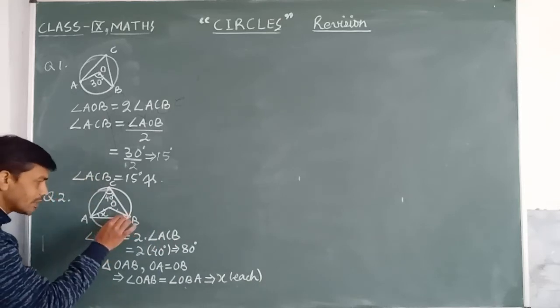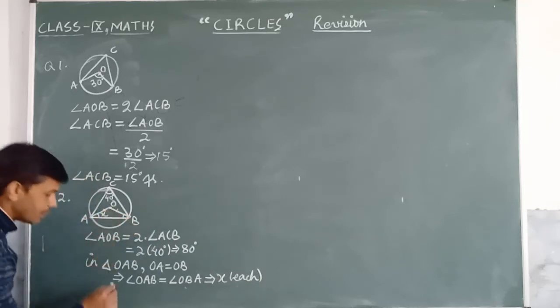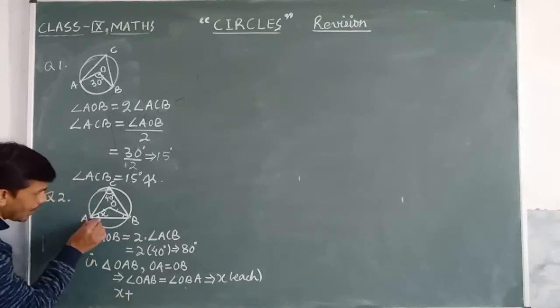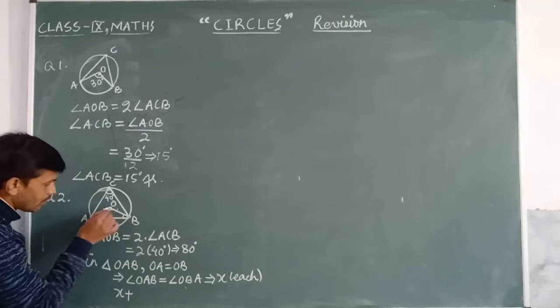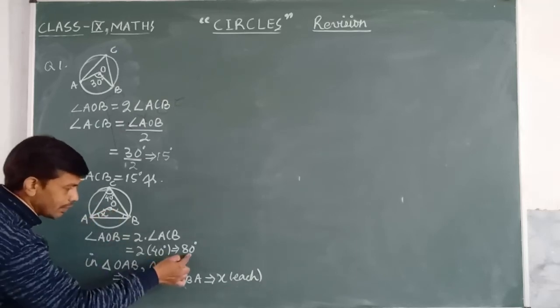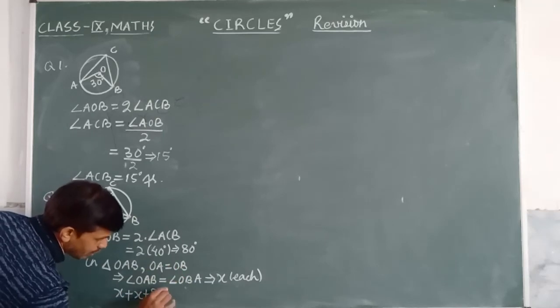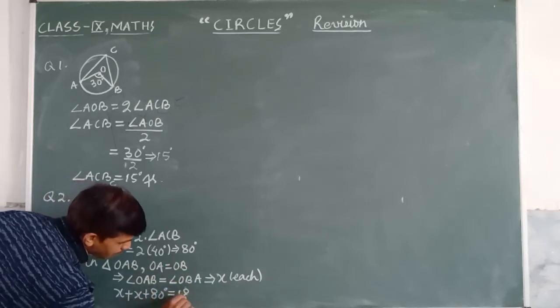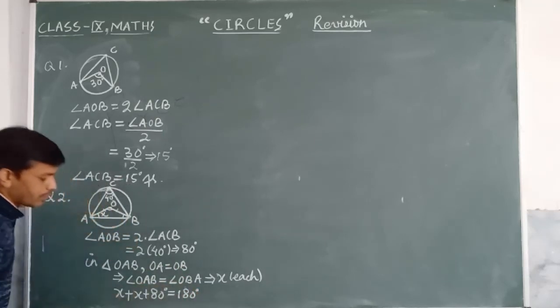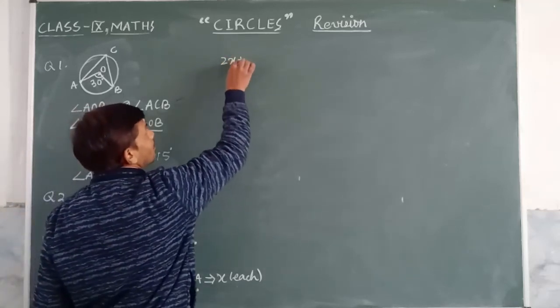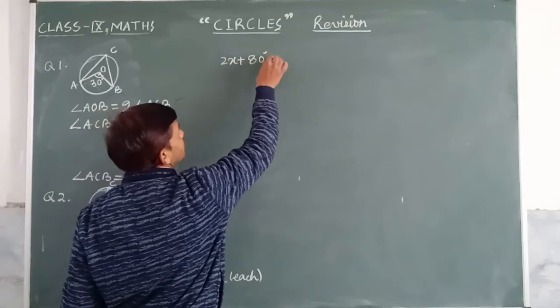Now using angle sum property in triangle OAB, we have sum of all three angles x plus x plus AOB, which measures 80 degree. So x plus x plus 80 equals 180, using angle sum property. So 2x plus 80 equals 180.